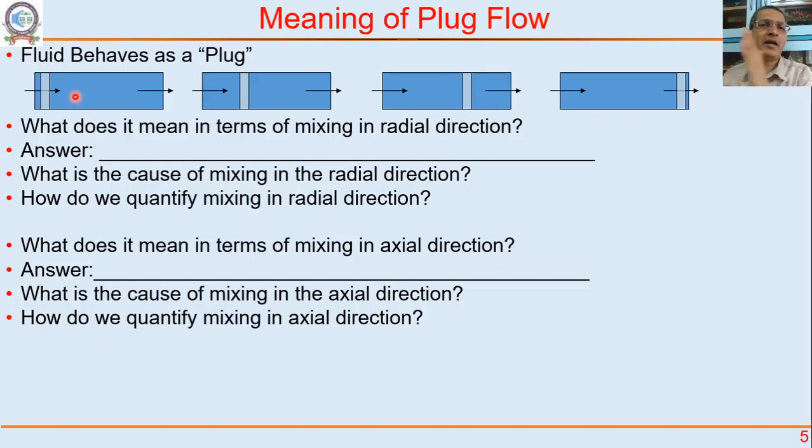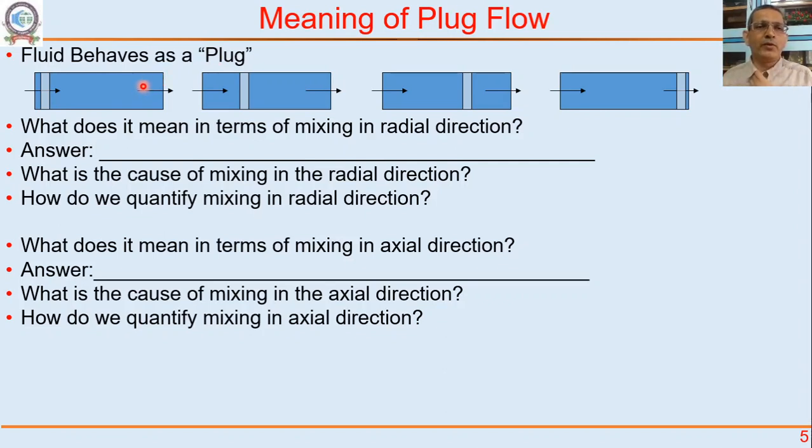Visualize a cylinder and a piston. So fluid behaves as if it's a piston. Sometimes in old textbooks you might find it called piston flow, but the modern nomenclature in most textbooks and most universities is plug flow. Okay, it goes from entry to exit.